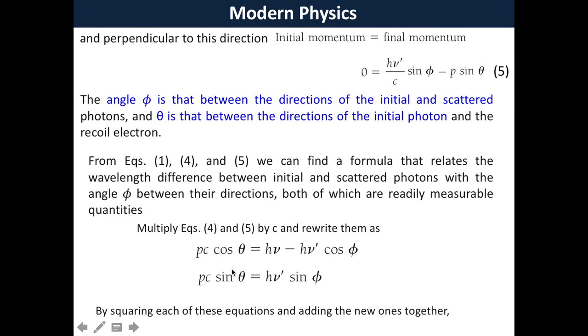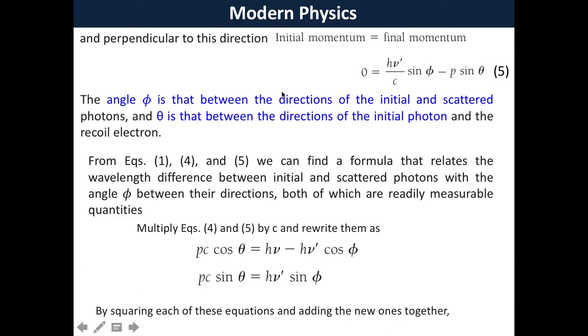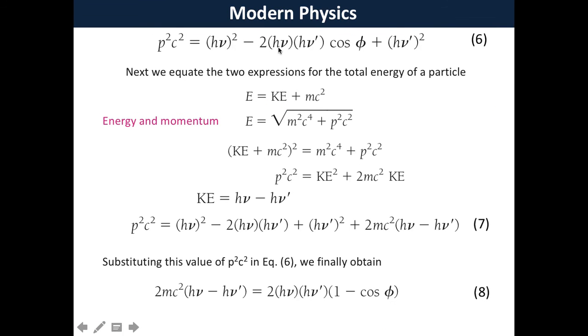By squaring these equations and adding them together, and since cos square theta plus sin square theta is equal to 1, we get p square c square. And similarly, this is h square nu square minus 2 h square nu nu prime cos phi plus h square nu prime square.